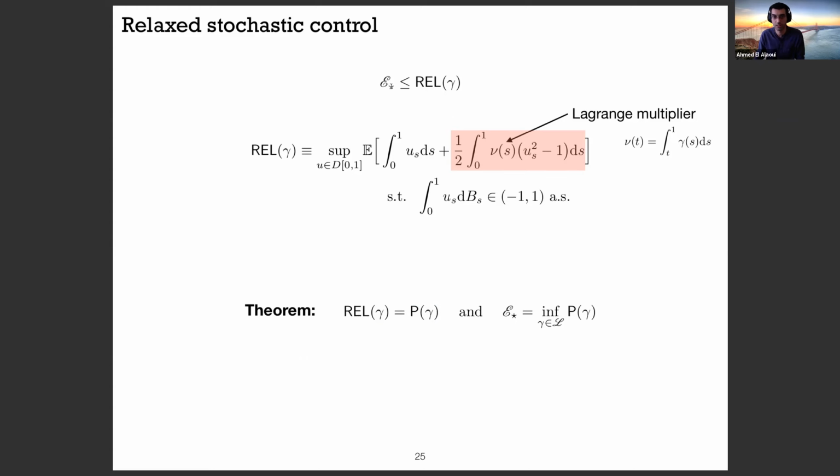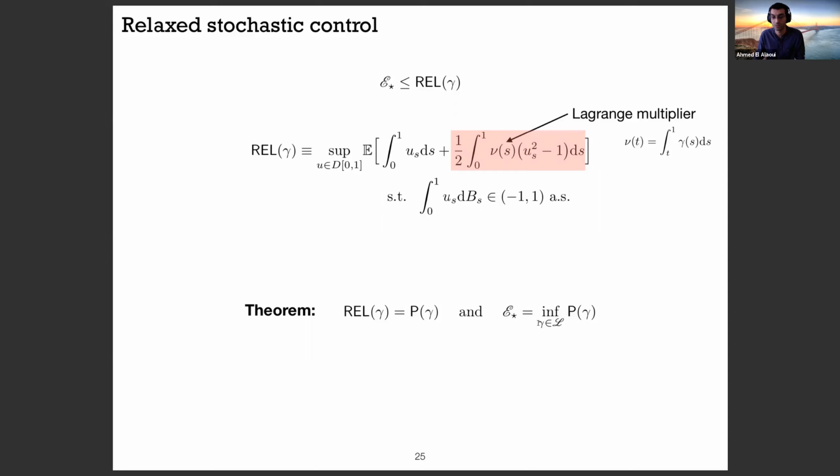Now you have an upper bound on the energy that is achieved by your algorithm that is given by P of gamma, and this upper bound holds for every gamma under certain conditions. Now you can optimize over all of those gamma so that you make this upper bound as tight as possible.